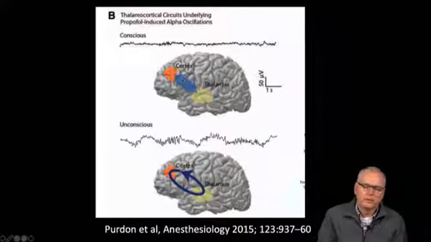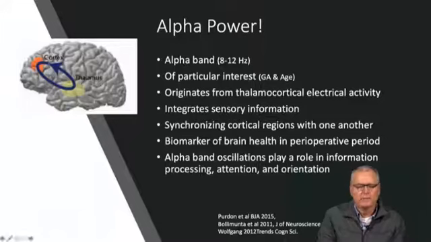And they depict there's this activity that goes on between the cortex and the thalamus, and the activity changes going from awake to general anesthesia. And they suggest that most of this activity that's going on between here and here is in that alpha band, 8 to 12 hertz.